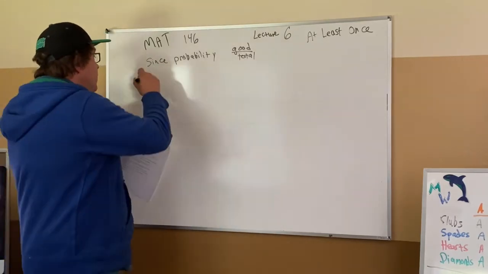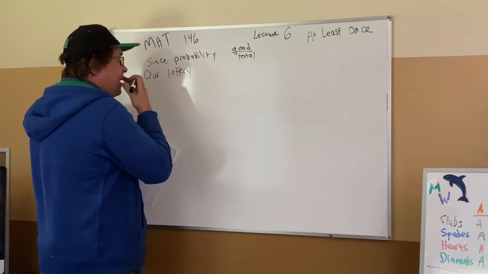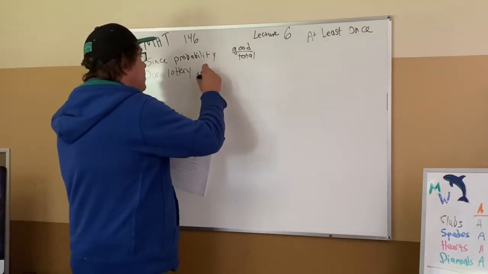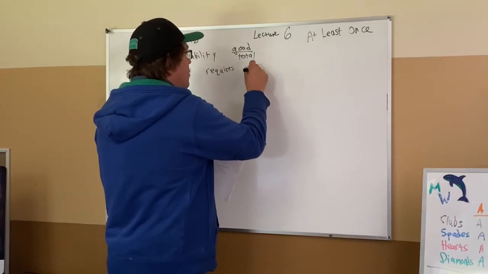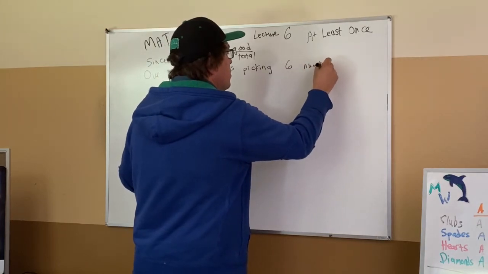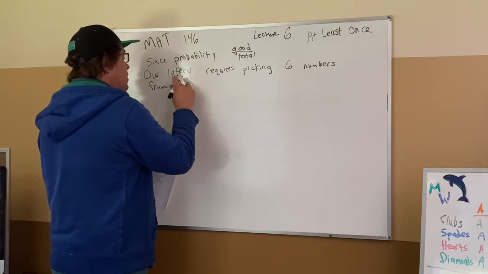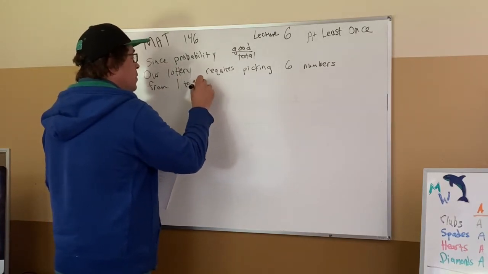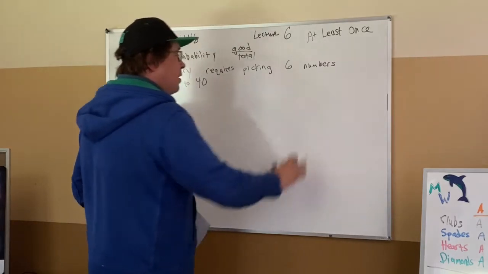But our lottery that we're making up is very similar to the first lotto that they had in Connecticut years ago. It requires picking 6 numbers from 1 to 40, and you have to get all 6 to win the jackpot.